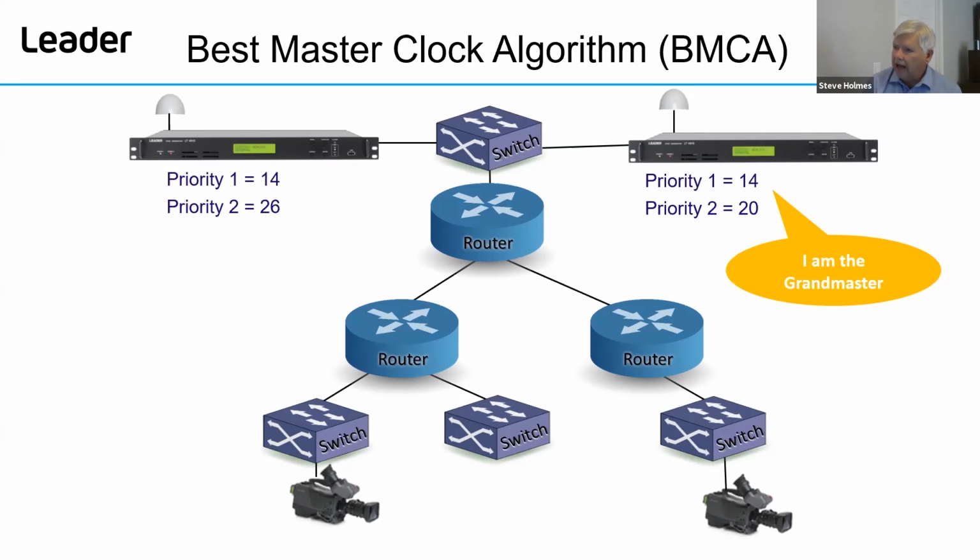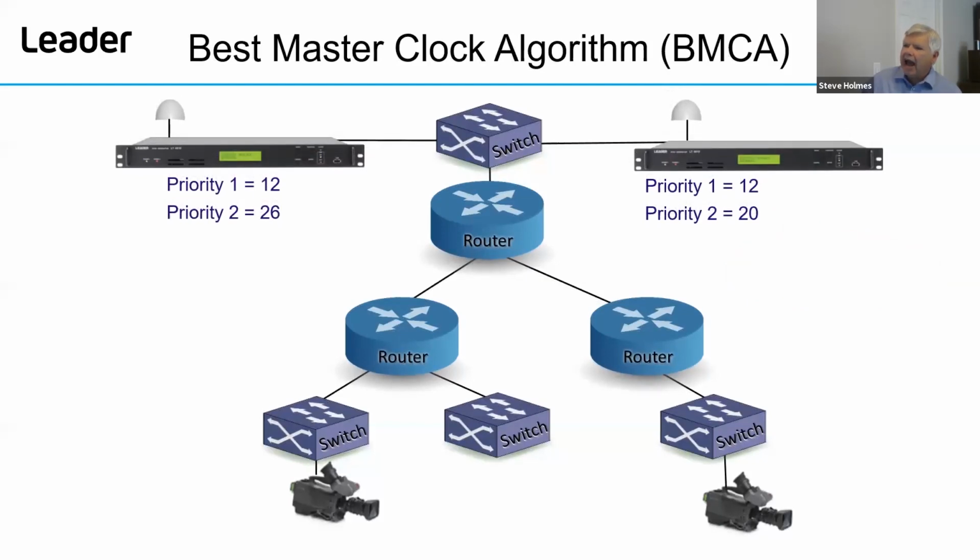The unit on the left is just sitting there listening to the unit on the right, and as long as he is running, he's going to stay as the grandmaster, the unit on the right. But if something happens in a network, again, the unit on the right here, because of 20 versus 26 for priority 2, is going to be the grandmaster in the network.